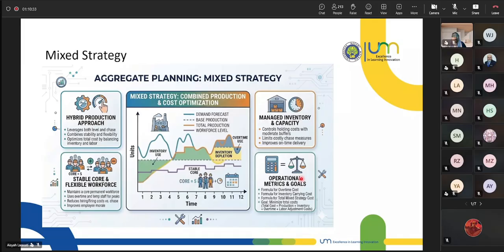That's the level strategy. We move into chasing. Chasing means you will follow the demand pattern. So when the demand increases, you will also increase your production rate. When the demand decreases, you will also decrease your production rate.